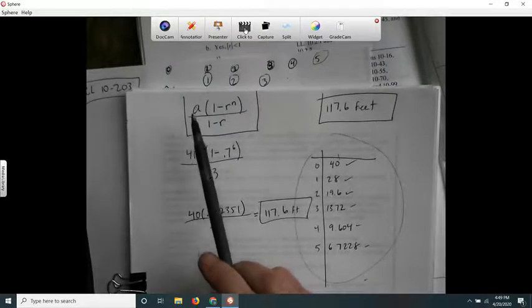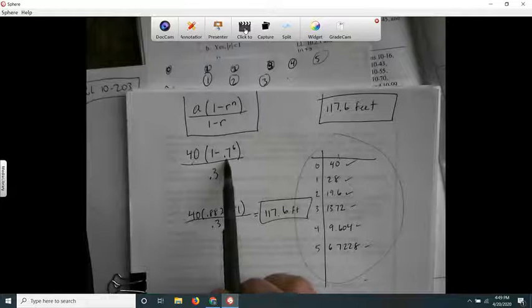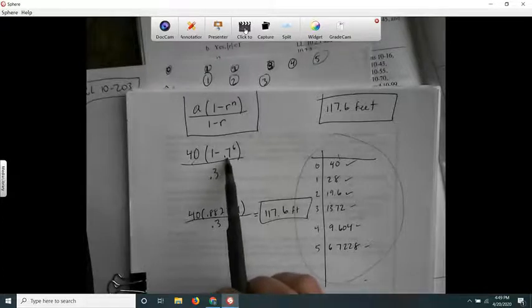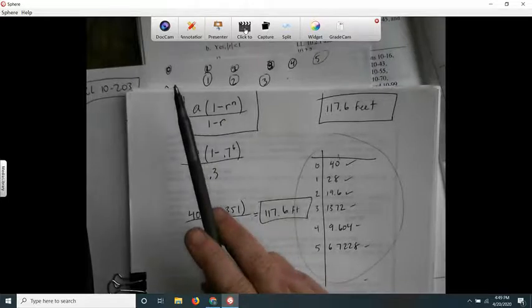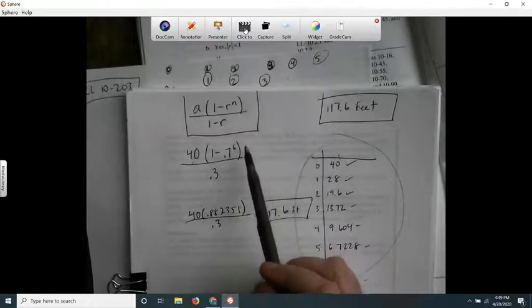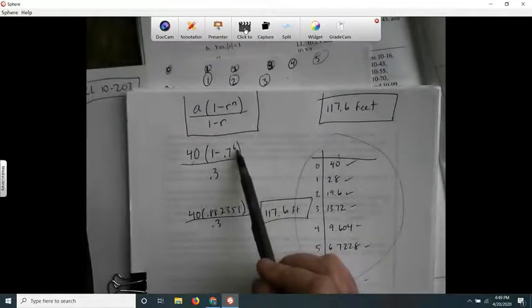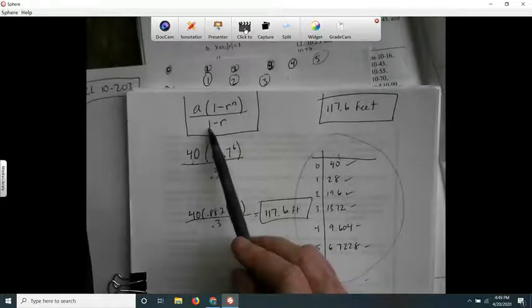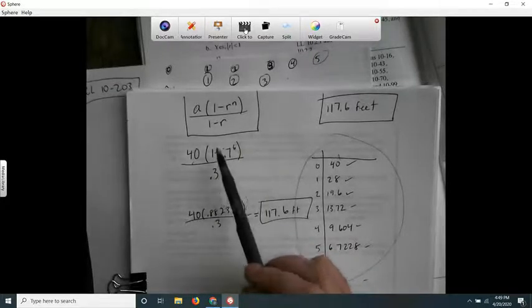And then n, since there were 6 terms, like when I drew the picture, you could see there were 6 terms. That's why I raised my bounce ratio to the 6th power. And then 1 minus 0.7, because remember 0.7 was our bounce ratio, our rebound ratio. So that's the 0.3. And then if you put that in your calculator, it works.